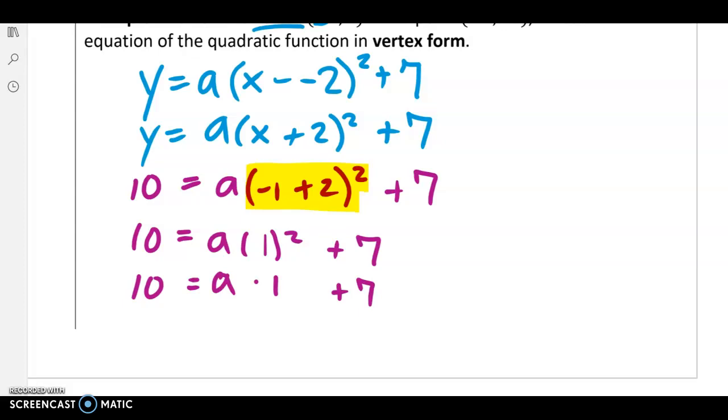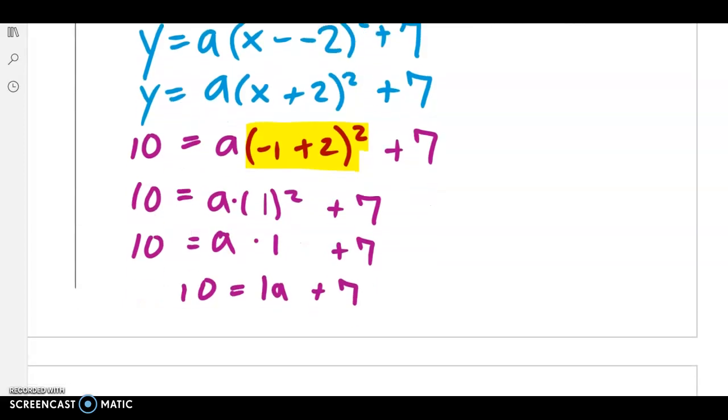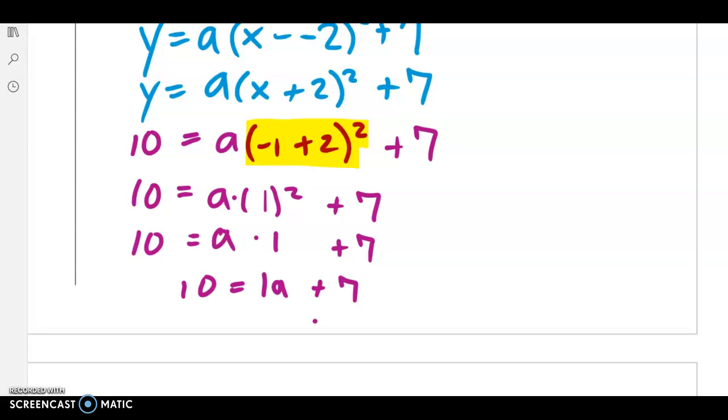Now, what is a times 1? Keep in mind, if there's nothing between the a and the parentheses, there's a times there. So what is a times 1? 1a. You do not add that 1 with that 7. From here, we are just solving for a. So we're going to minus 7 on both sides of the equal sign.